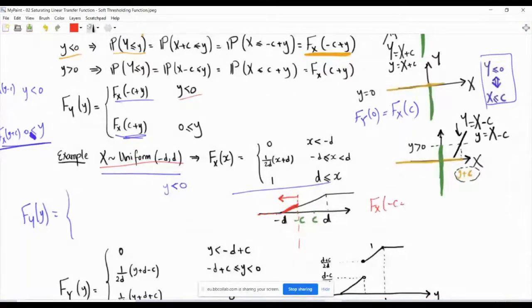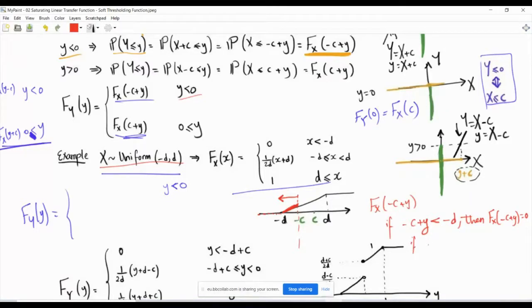F of X at minus c plus y, if minus c plus y is less than minus d, then F of X at minus c plus y is 0. Because if y is negative enough such that minus c plus y is less than minus d, then you are hitting this part of the curve.